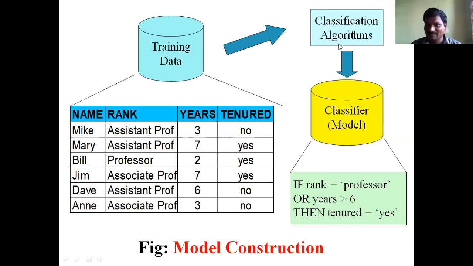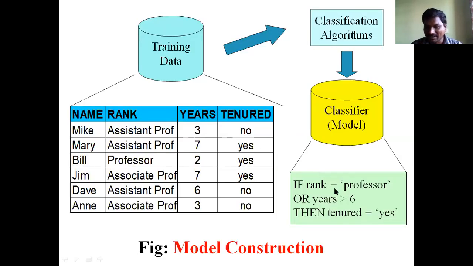This algorithm learns something from the training data and then produces a model. The model is called a classifier, or it produces a set of rules.